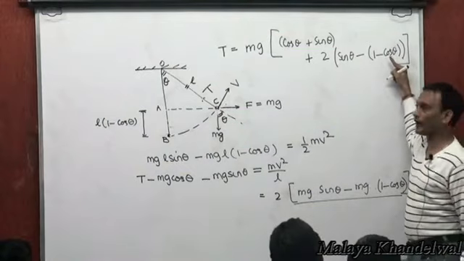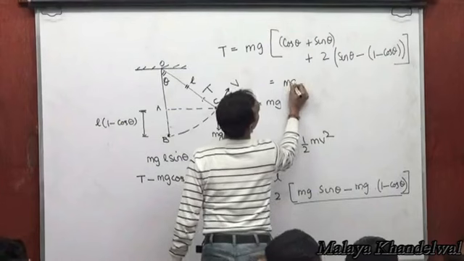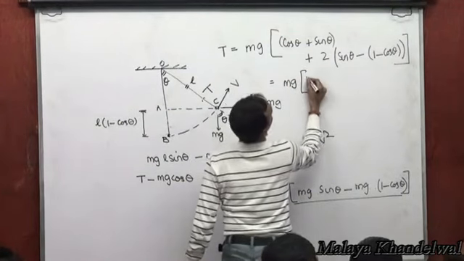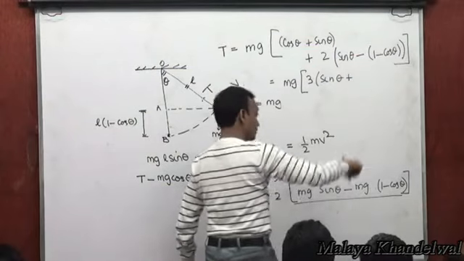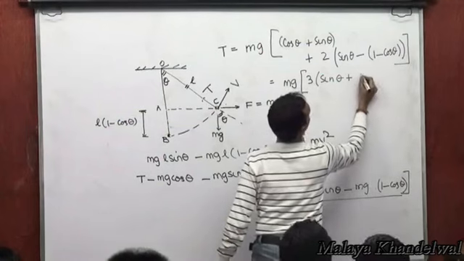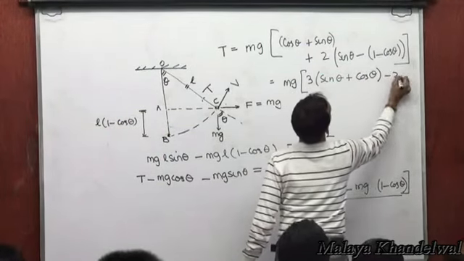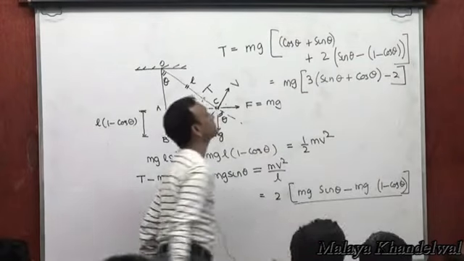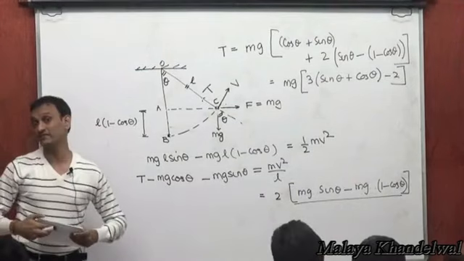Yes or no? Right? That's T, which could be written as equal to 3 sin theta plus, and then there is a minus 1 also, cos theta, minus 2. Right? That's T as a function of theta.